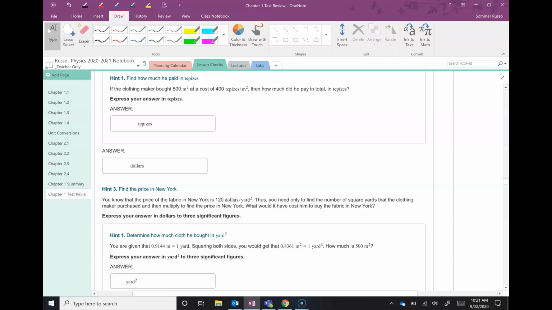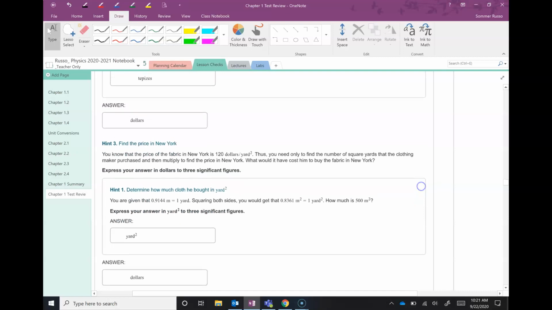He has 500 square meters. Well, that doesn't mean anything if the stuff in New York is in yards. Let's convert that into yards. We use the conversion factor that was given before.